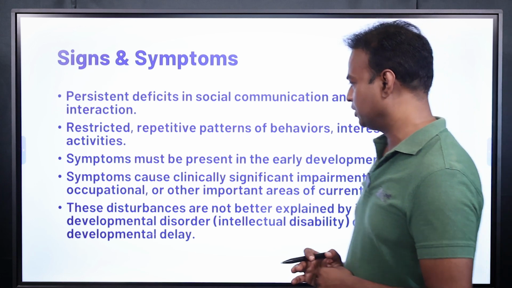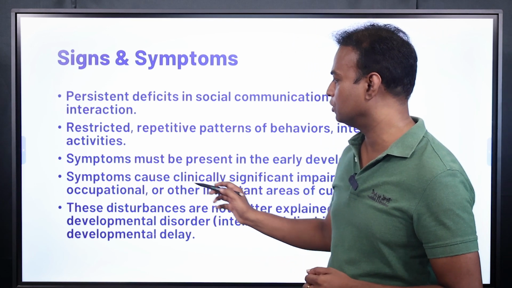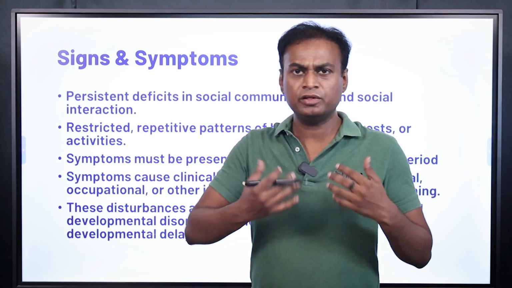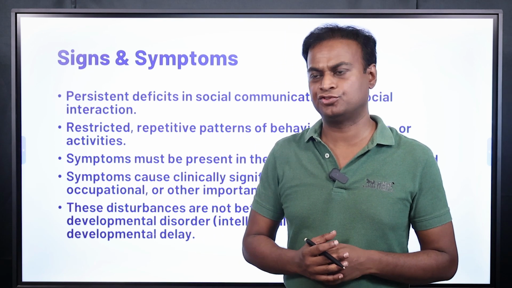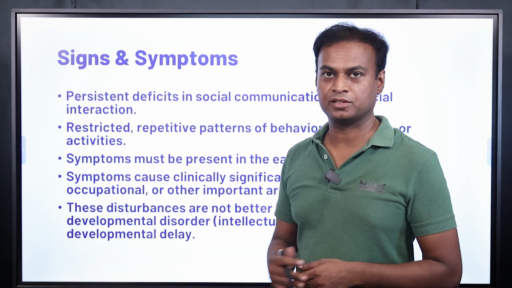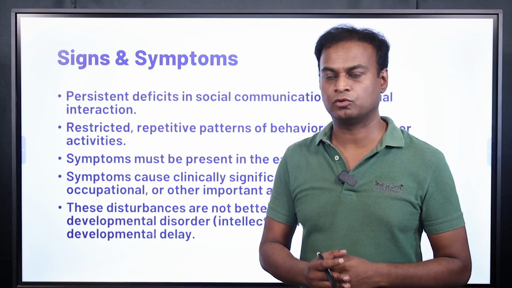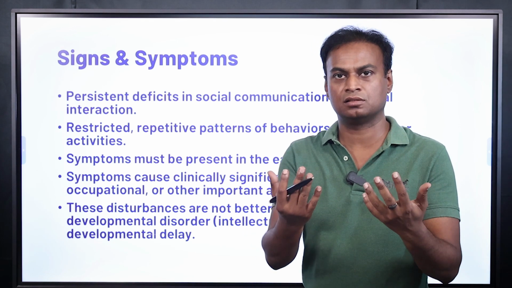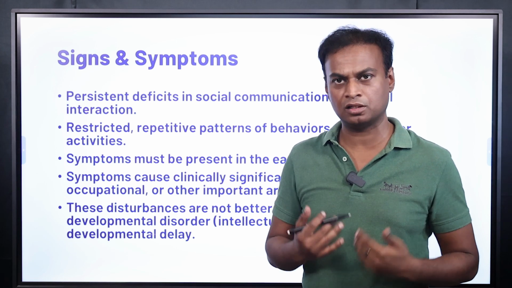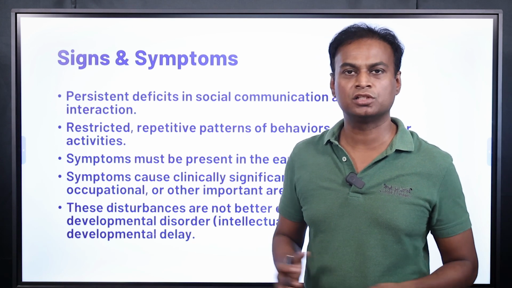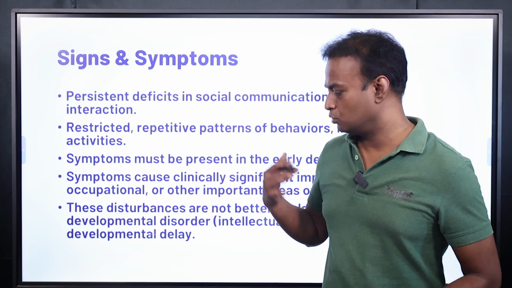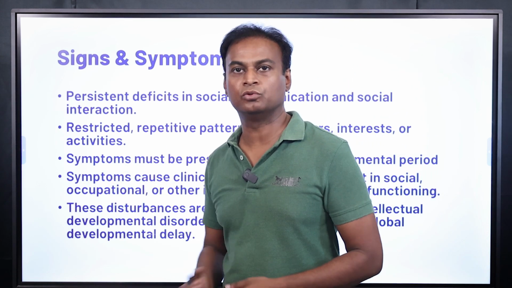After impairment in social, next we look into occupational. What it means is, even though all people have autistic traits, they are able to pursue their occupation. They are able to do whatever they want. They are able to gel with their seniors or their management, with their peers, with their subordinates. These guys are not able to do it.